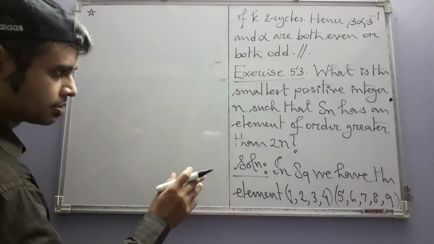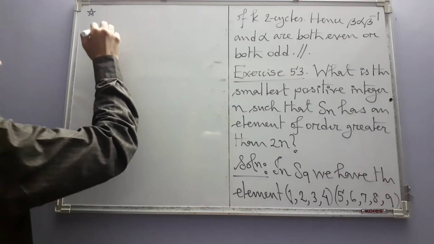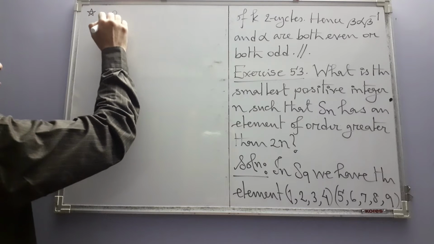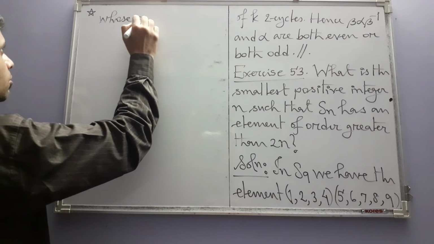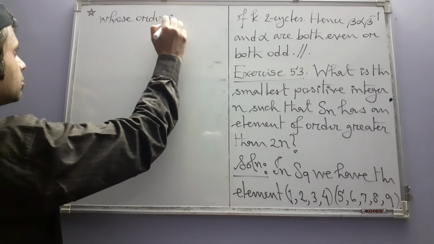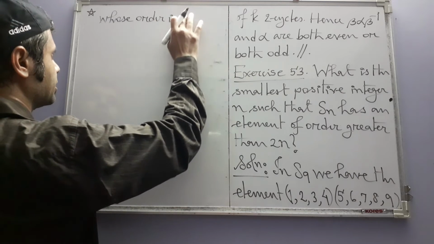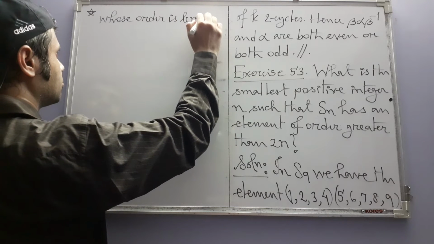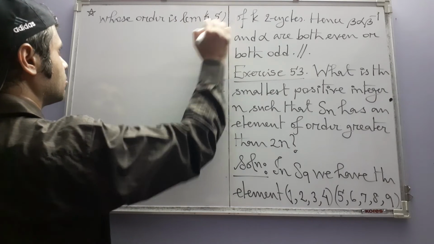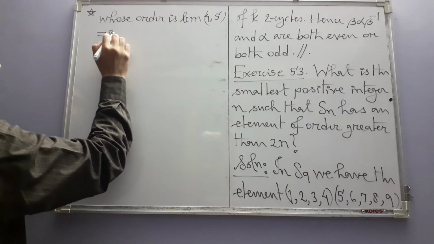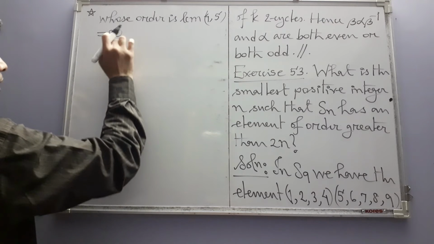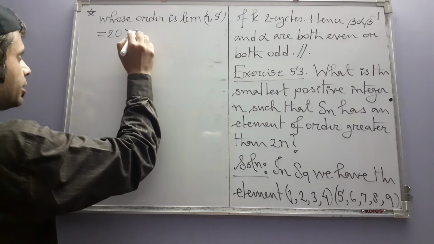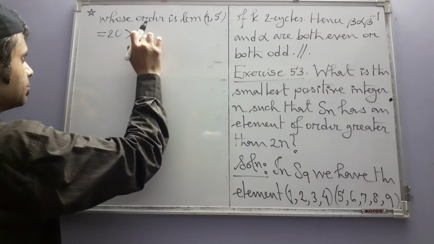As this, we have the element this, whose order is, let's just show how we are getting the order also. This equal to 20, and which is greater than 2 times 9.